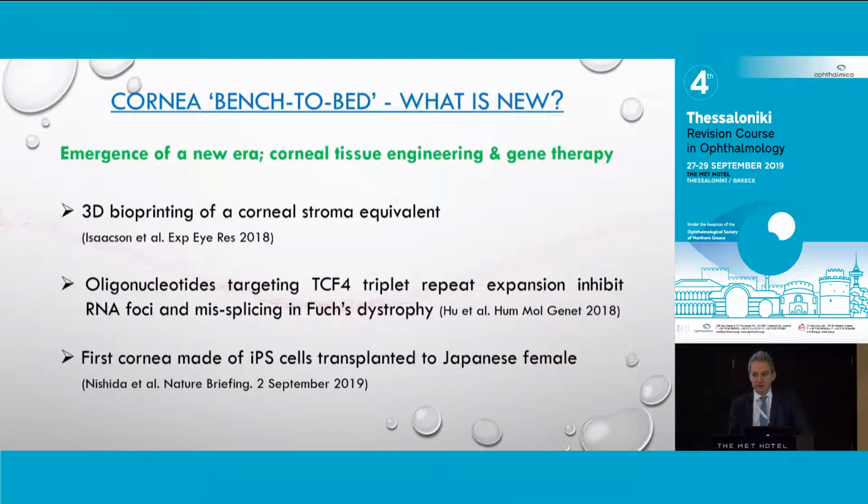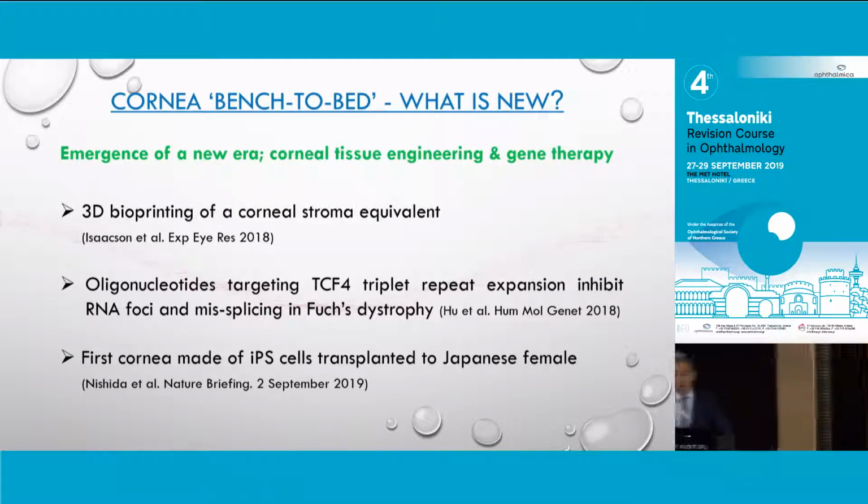They used stem cell lines to create all the different cell lines of the normal human cornea. They have permission to transplant this cornea to a female patient. It was done, I think, in early September this year, and 1 month afterwards, they announced that the results were very, very good. The cornea still remained clear.